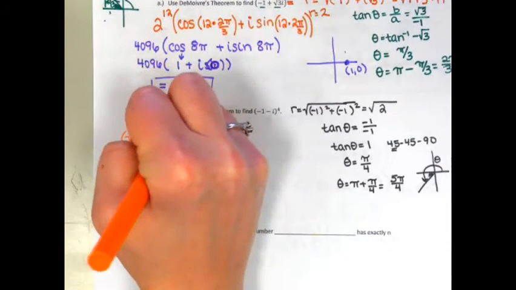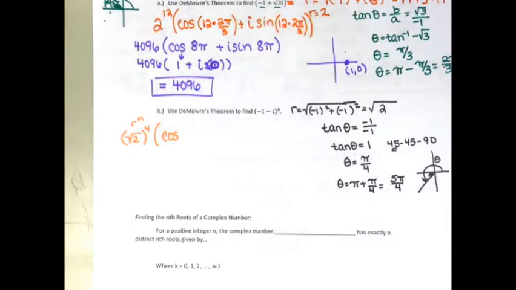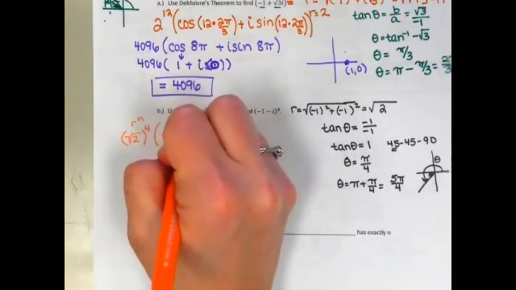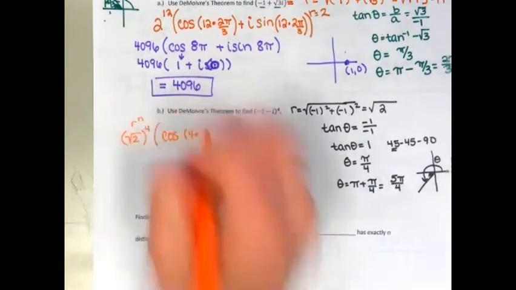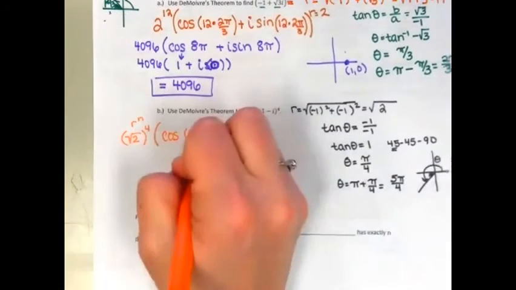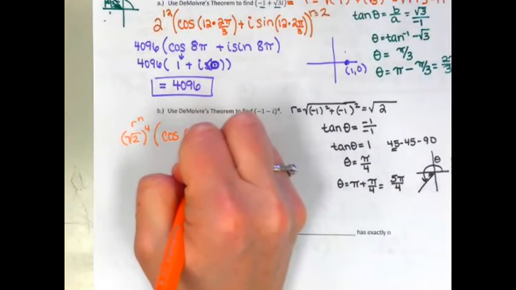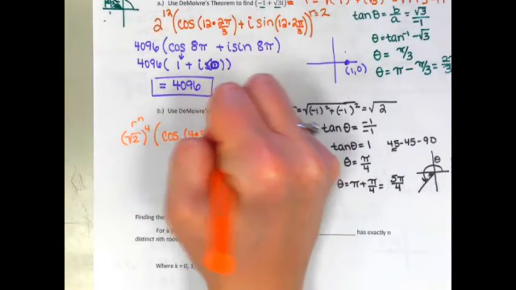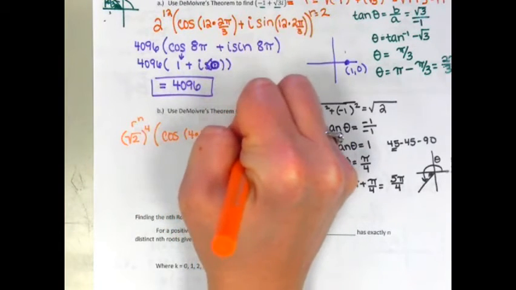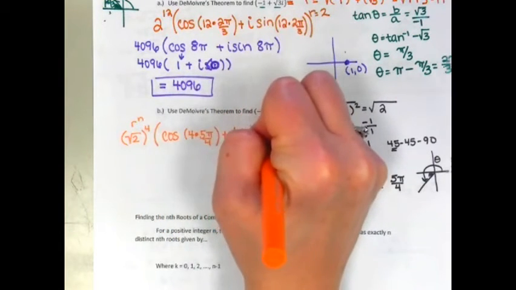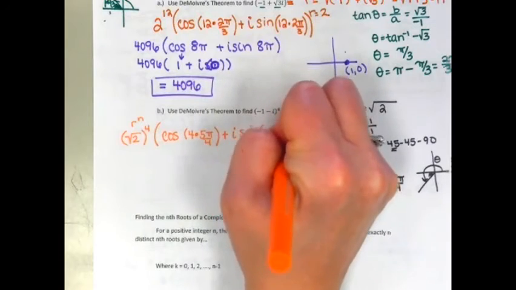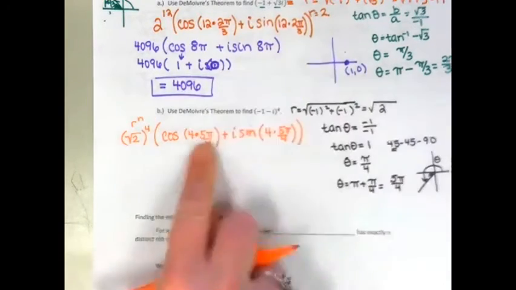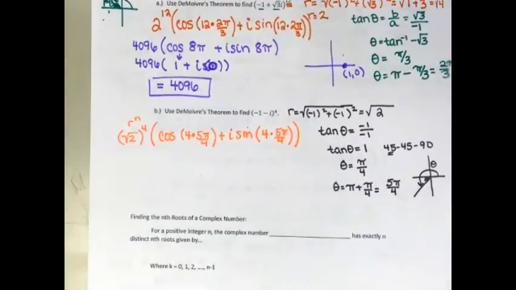Times the cosine of N, and what's my N? 4 times my theta, and what's my theta? 5 pi over 4. Plus I times the sine of 4 times 5 pi over 4, because the cosine and the sine part is always the same.